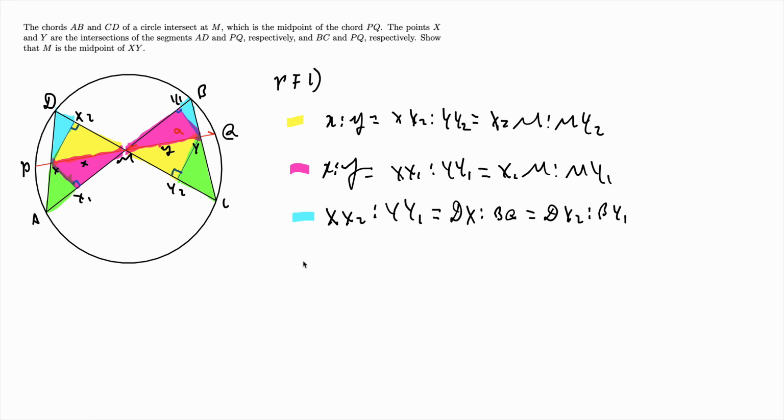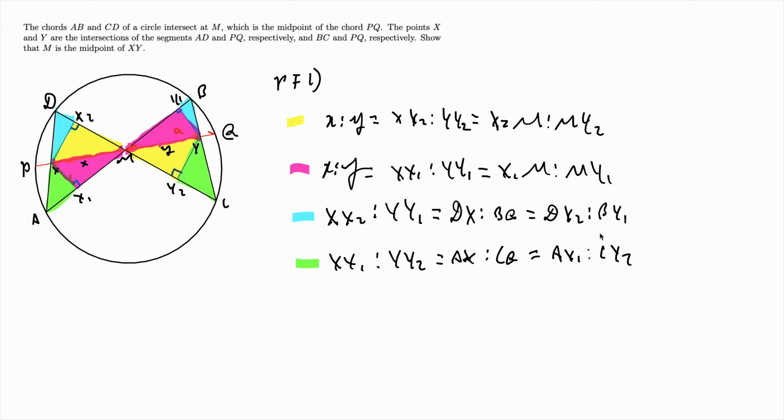And the next one is ax sub 1, x sub 1 to y sub 2 equals ax to cq, and this is equal to ax sub 1 to cy sub 2.